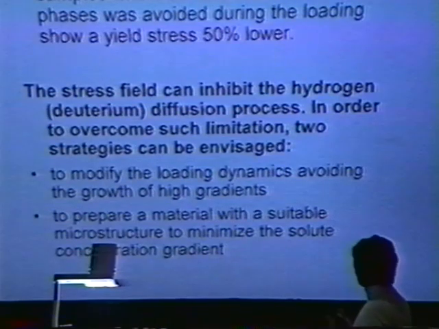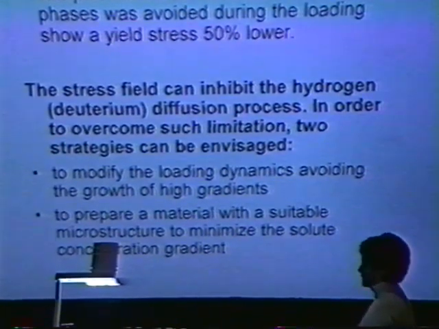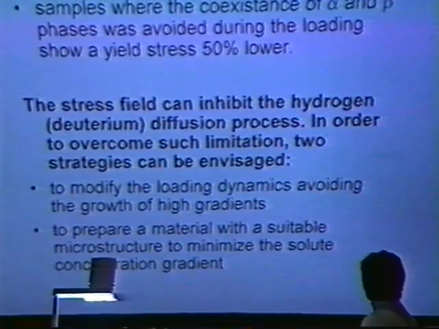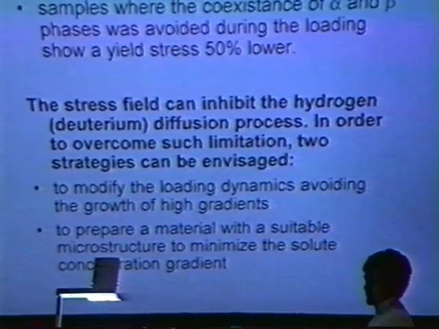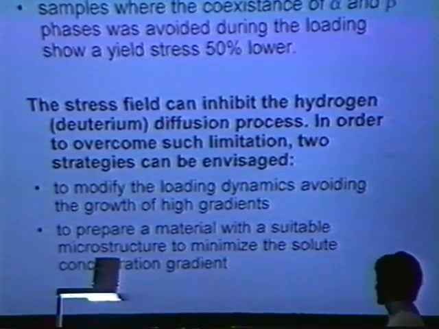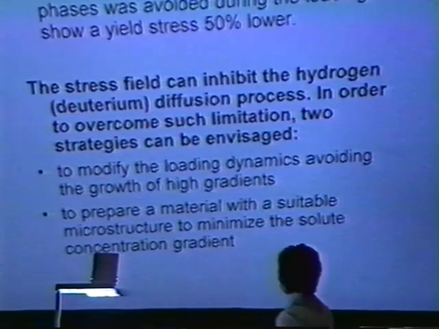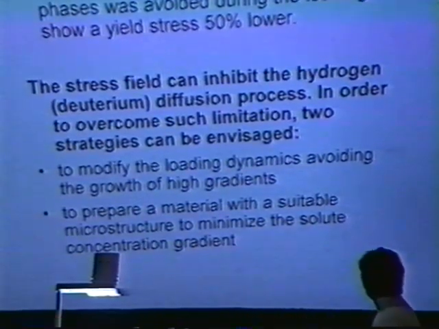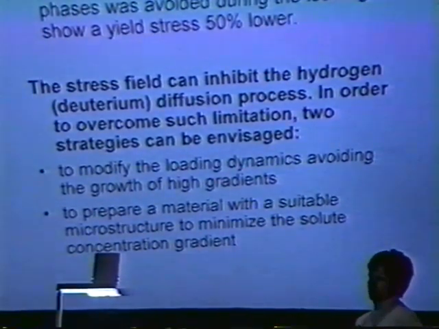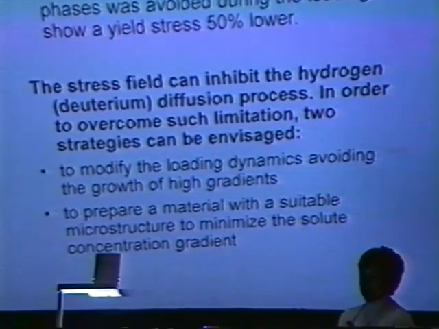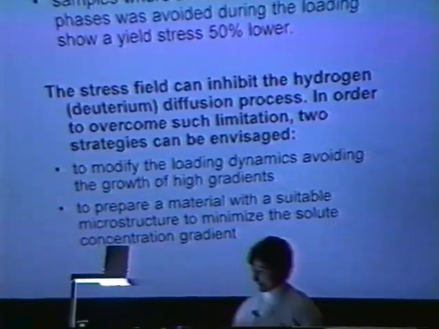If you avoid, during the loading, the coexistence of alpha and beta phase using a procedure that Dr. Adami explained before, you can reduce the yield stress of the metal up to 50%. We hypothesize that stress field can inhibit the hydrogen diffusion process, and we try to imagine strategies to avoid this problem and to check if the hypothesis is correct.